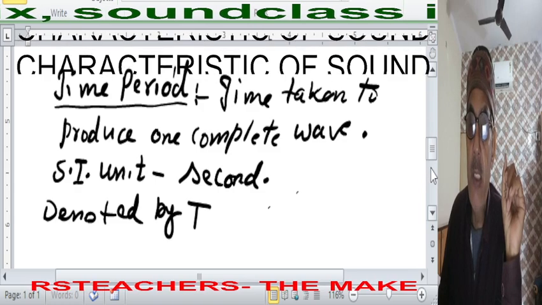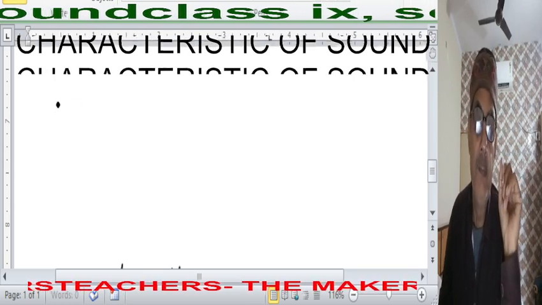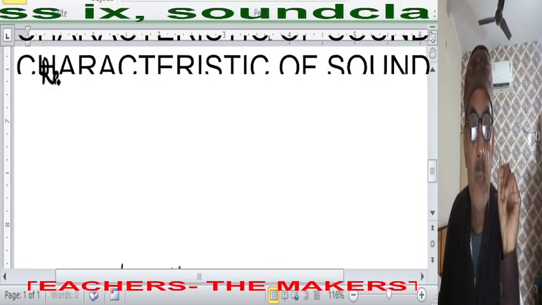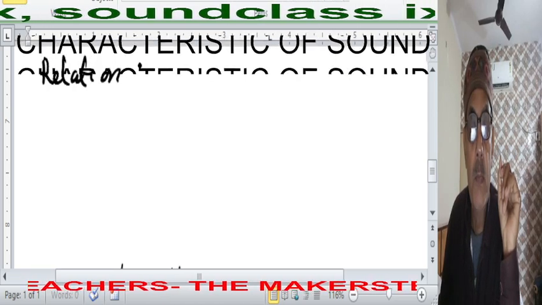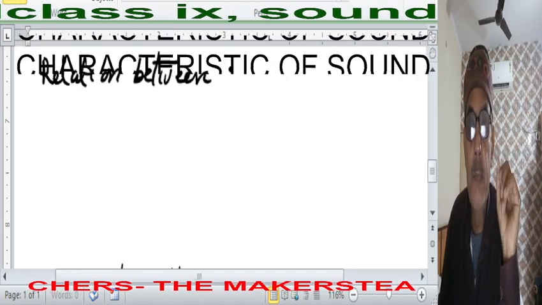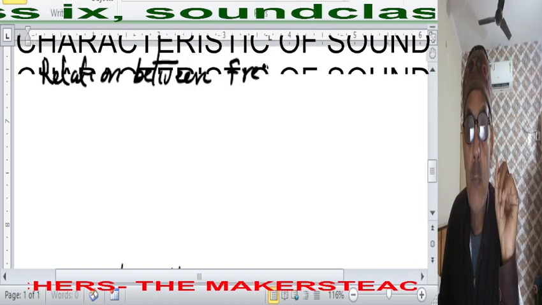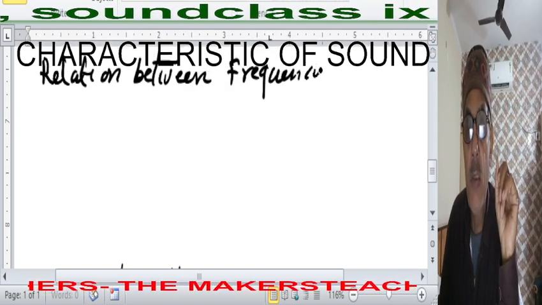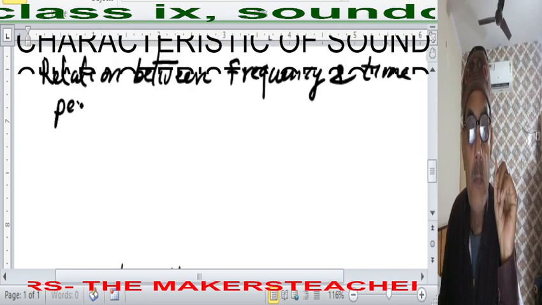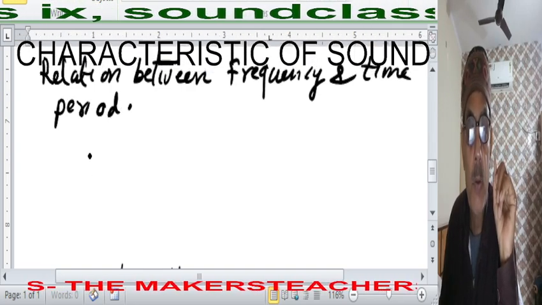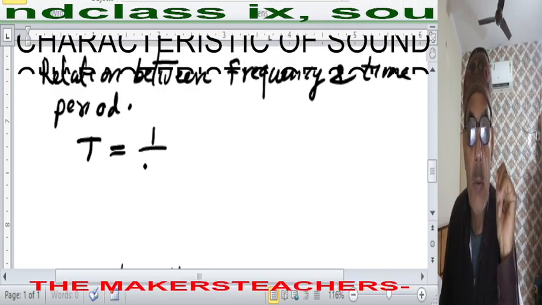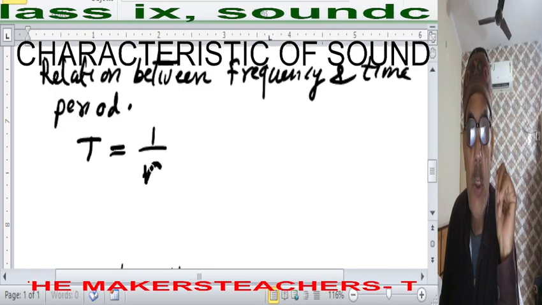Now, after time period, we come to the relation between frequency and time period. So T is equal to 1 upon nu.